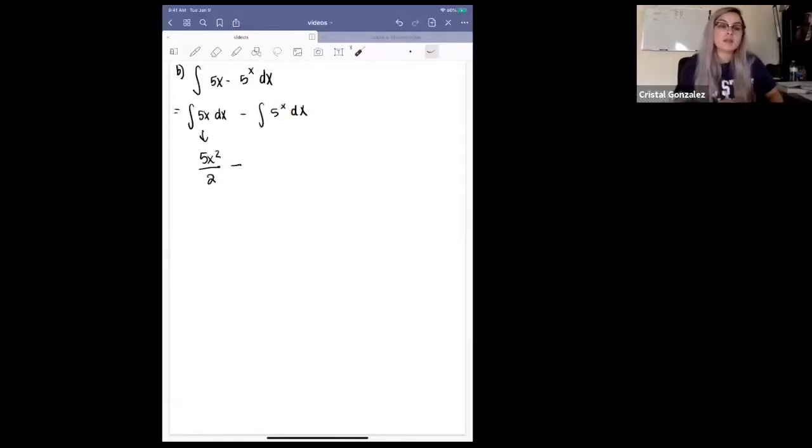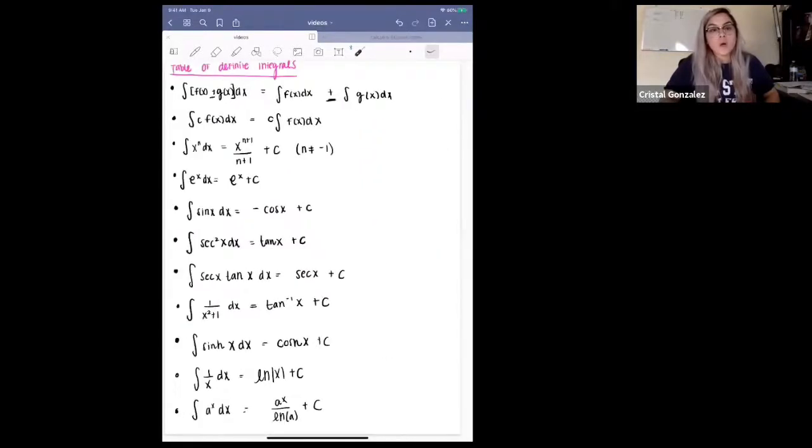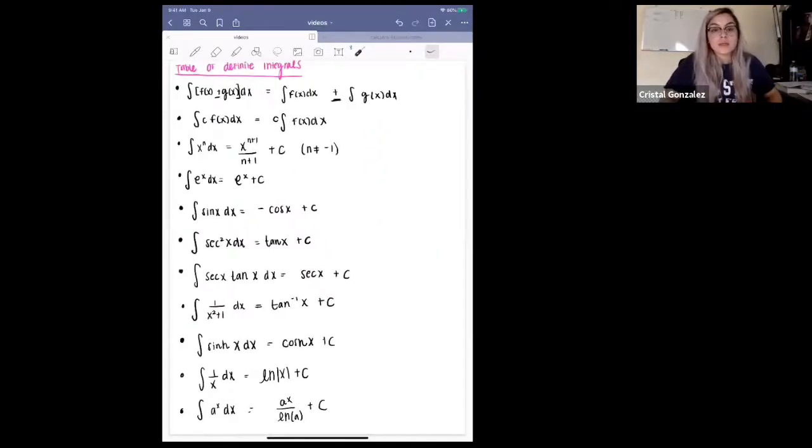And so now would be a good time to actually look back at our derivative and our integral tables, or our antiderivative tables, and see which one matches that so that we can do it. And if I look back, I actually see it right here. And so the antiderivative of a constant a to the power of x is going to be a to the x divided by the natural log of a plus some constant c.